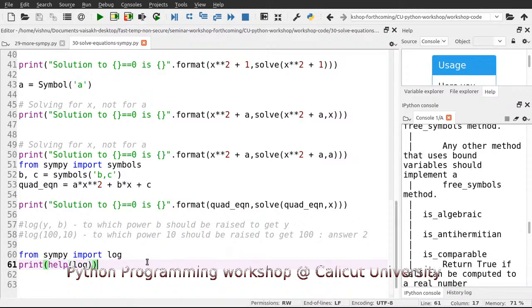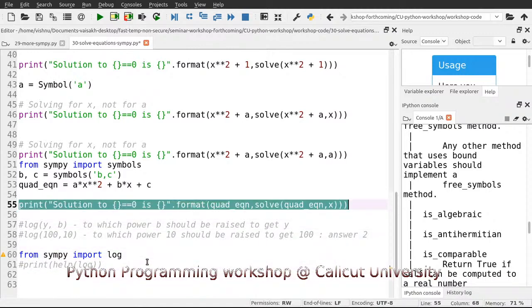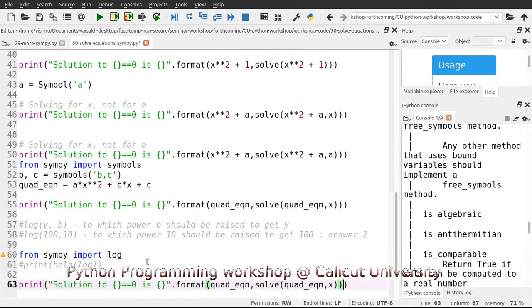Okay, now let us try to solve something. So suppose that we try to solve log x to the base 10 is equal to 2.